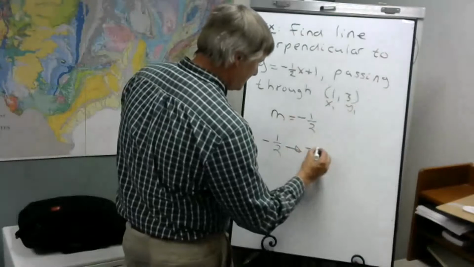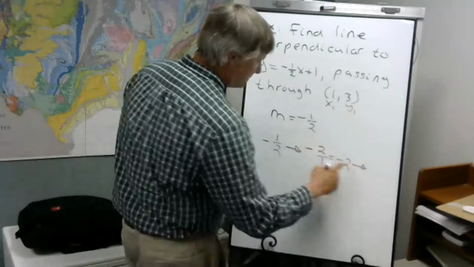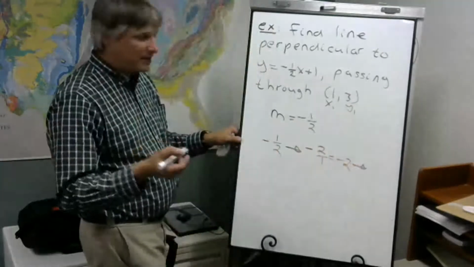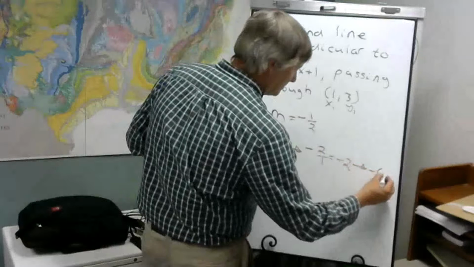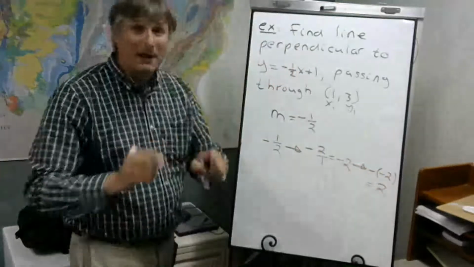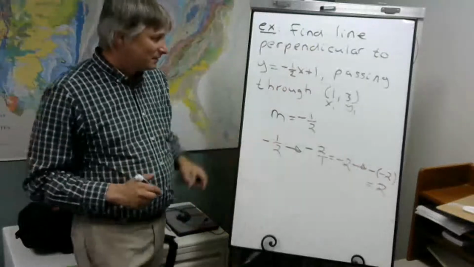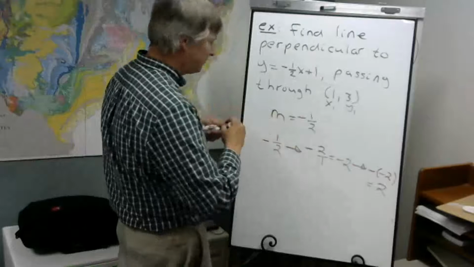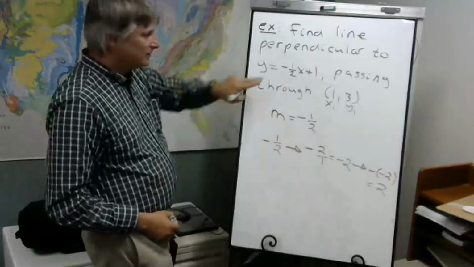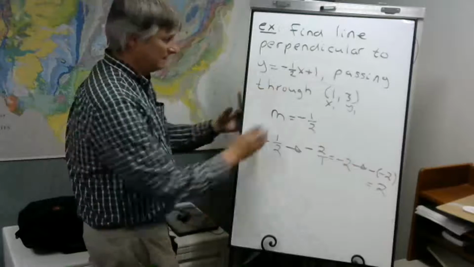We flip this to get -2/1, which is just -2. We apply a negative sign to it. Sorry about that. So for our perpendicular line, the perpendicular slope is +2.